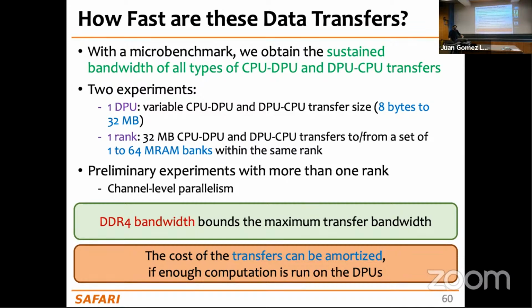But as I said before, and related to one of the programming recommendations, we want to run sequences of portions of parallel code as long as possible. Why is that? Because we need to transfer data from here to there, right? And this entails an overhead, and we want to amortize this overhead. So the way to amortize the cost of these transfers is by computing more on the DPUs.